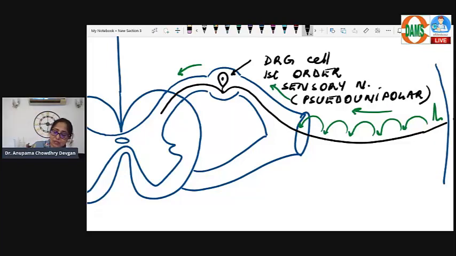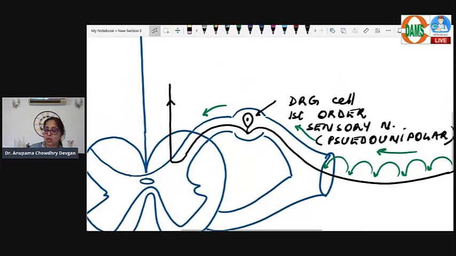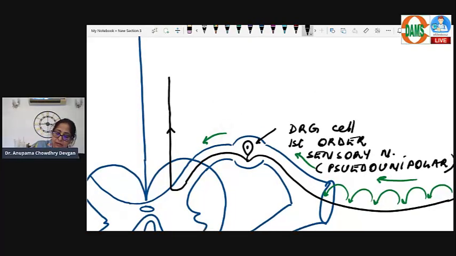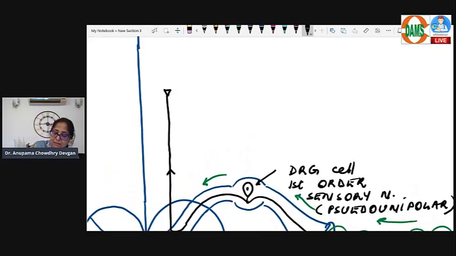Now, the central process which enters into the spinal cord does not synapse anywhere. It enters into the posterior column and ascends upwards. No synapse anywhere. Ascends upwards, and the first synapse is in the medulla.